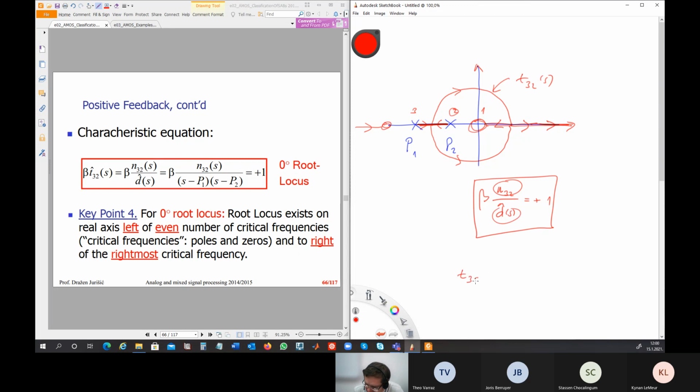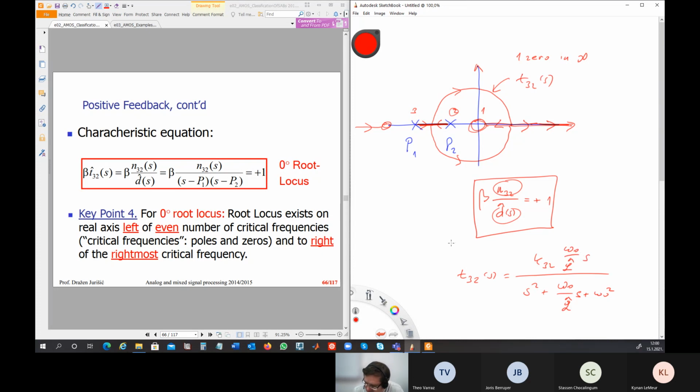So T32 of S, which has 1 zero in infinity, in origin, and 1 zero in infinity, it can have the form like this. Here is K32 omega 0 over Q hat times S.